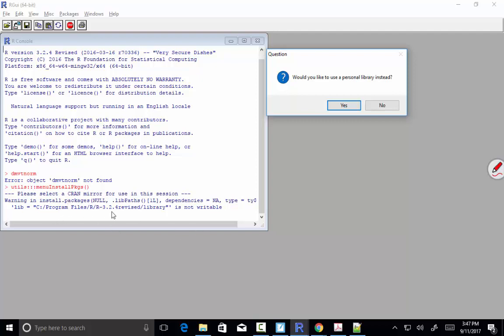I'm going to try to put it at C, program files, R, current version of R/library. But I'm not logged in as an administrator on this computer. So it tells me it's not writable. Hopefully on your computer, since you are hopefully administrator, you won't have this issue. On my laptop, I don't get this issue.